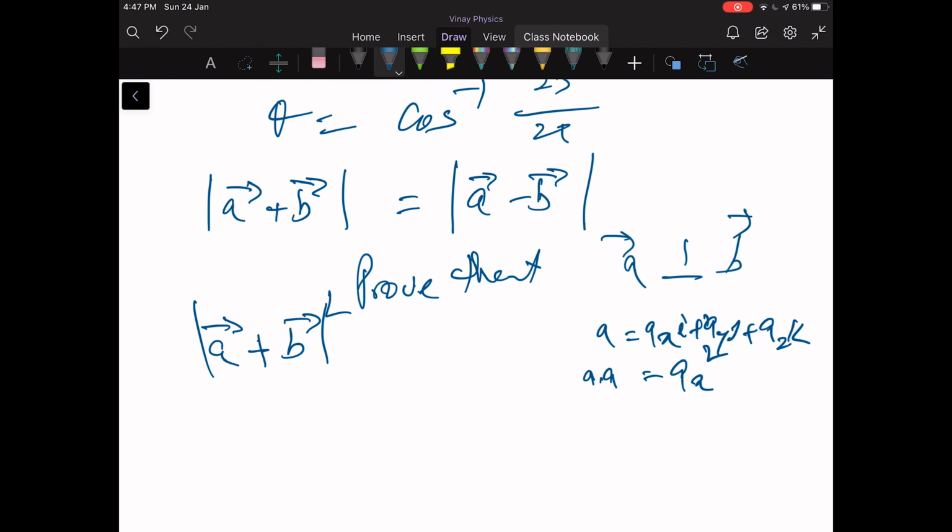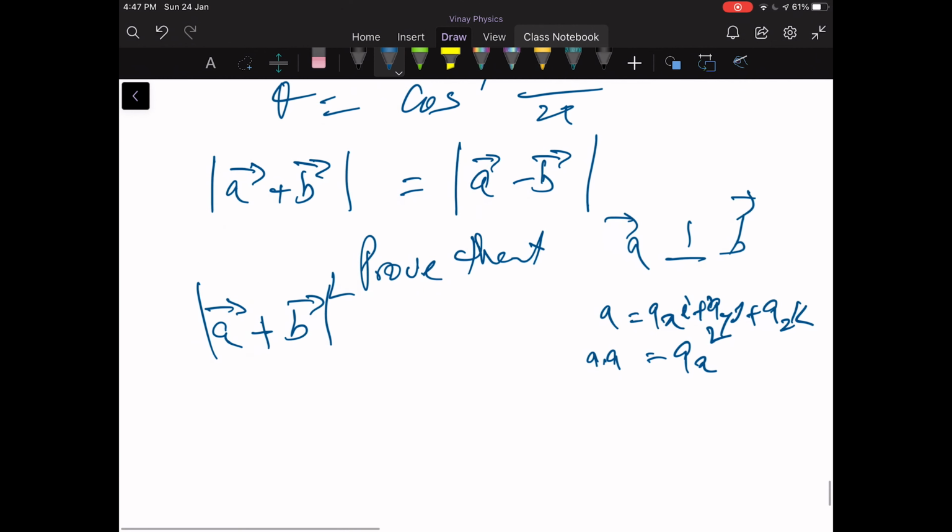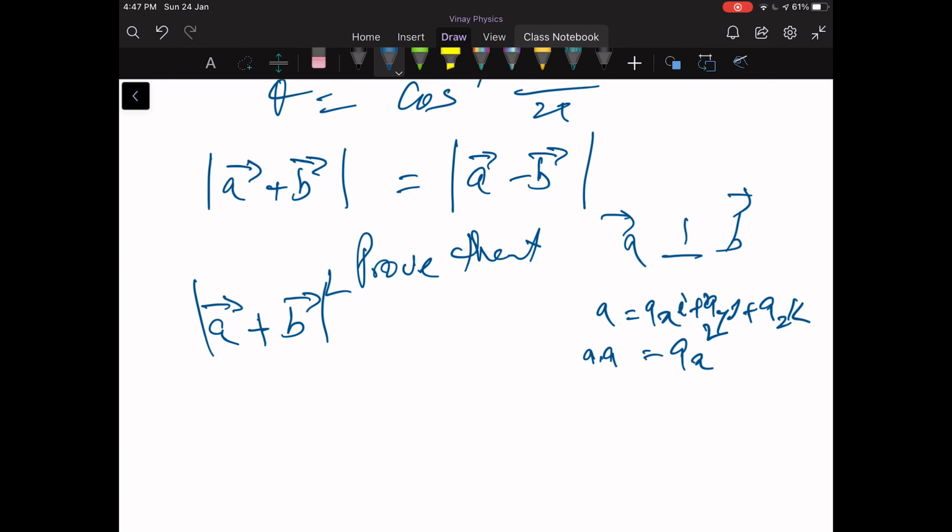Which is nothing but the magnitude of A into A. So, what we can say is that the magnitude square of a vector is the dot product of that vector with itself.